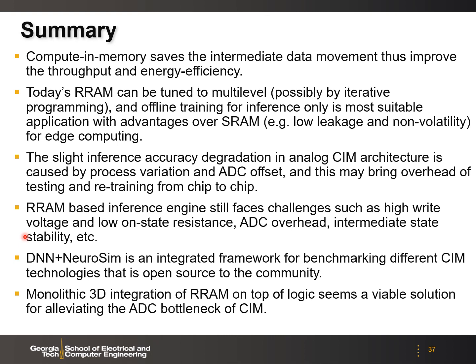The DNN+NeuroSim is an integrated framework to benchmark different computing memory technologies, and that is open source to the community. And finally, we believe that the monolithic 3D integration, where we place an RRAM on top of a logic, seems a viable solution to alleviate some of the design challenges, such as the ADC bottleneck.